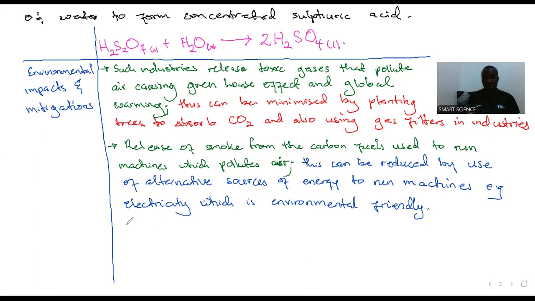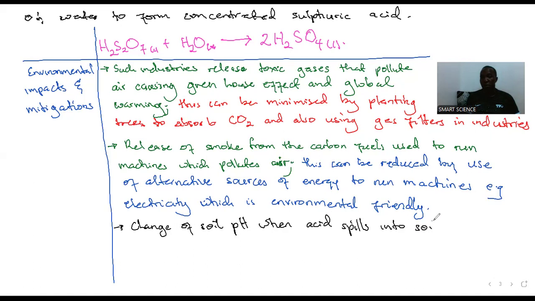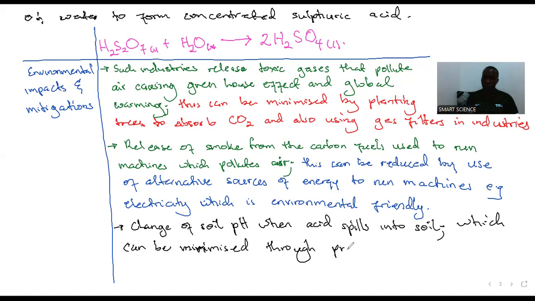Definitely, there are others like change of soil pH when the acid spills into soil, and this one can be minimized through proper disposal of the waste acids, among others.